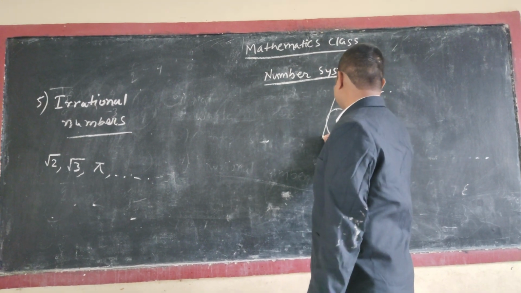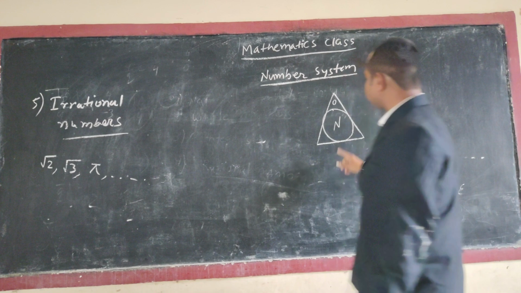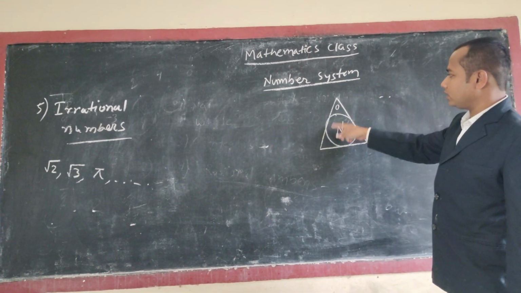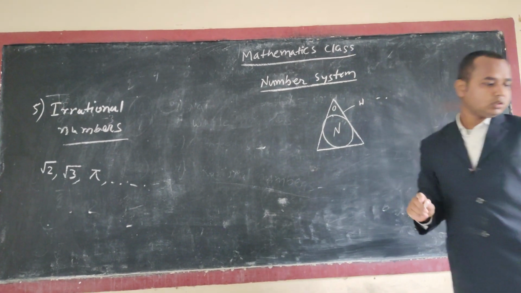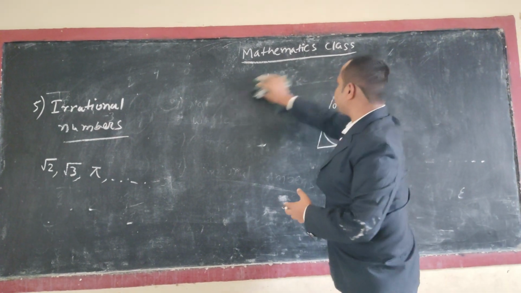This is a triangle and this is 0, so the triangle represents the set of whole numbers.